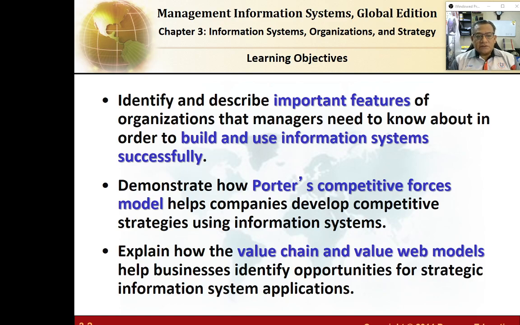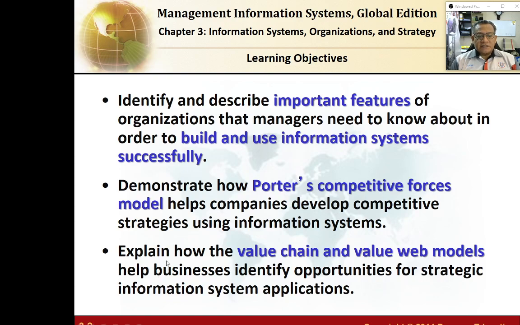Second, I need to demonstrate how Porter's competitive forces, a business model by Michael Porter, suggests how companies can develop competitive advantage, and a few strategic approaches that companies can use information systems to help them operate successfully.